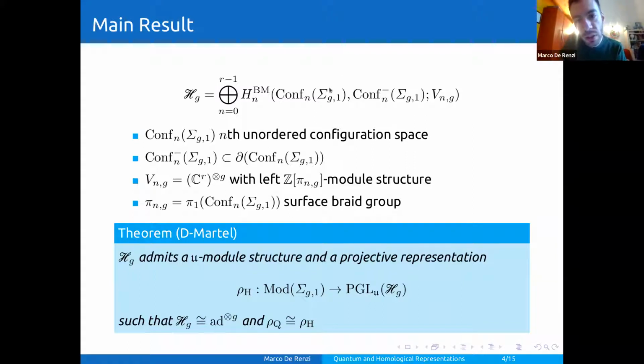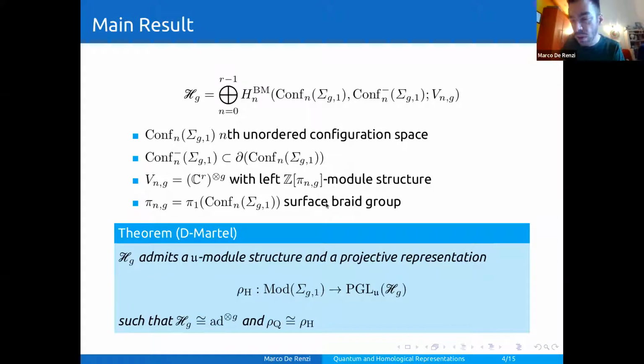Then the second term in this pair is some subset of the boundary of this manifold. I will give a precise definition again later. I'm postponing many things, but for the moment, you should just think that this is some part of the boundary of this configuration space. And then we are considering twisted coefficients. The coefficients are in this left Z[π] module, where π_{n,g} is the fundamental group of this configuration space.